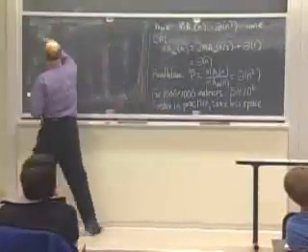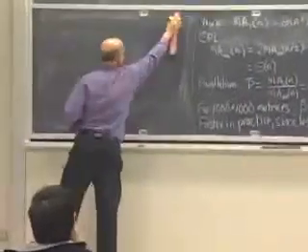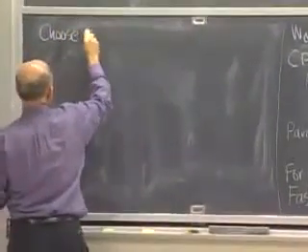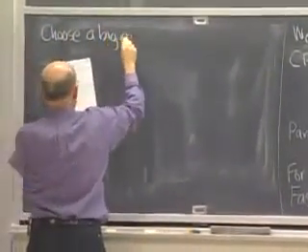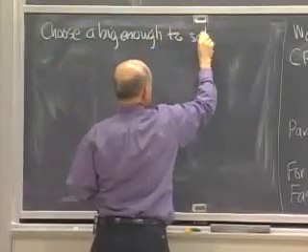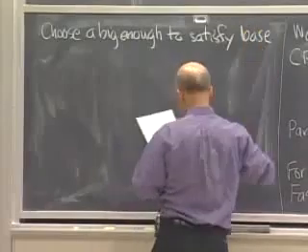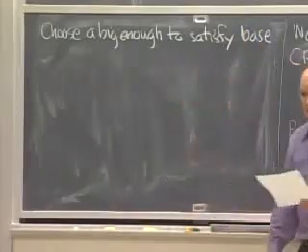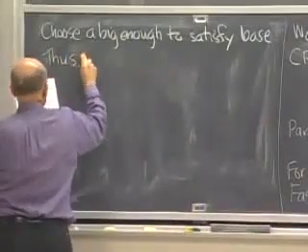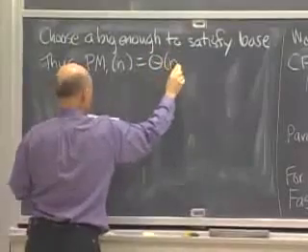So we'll choose A big enough to satisfy the base of the induction. Thus PM1 of n is equal to theta n.